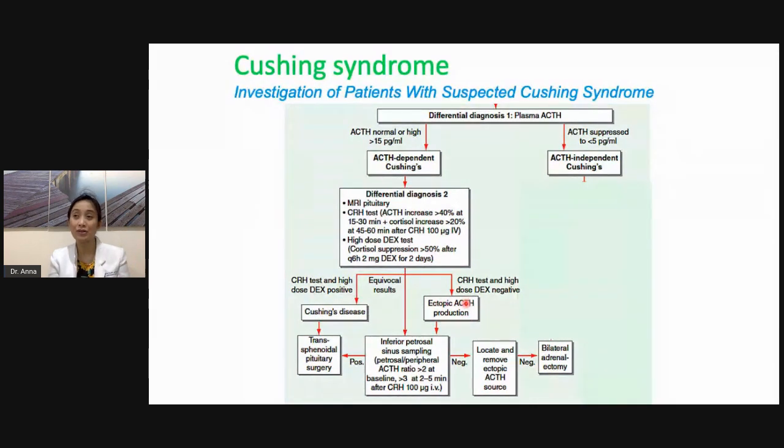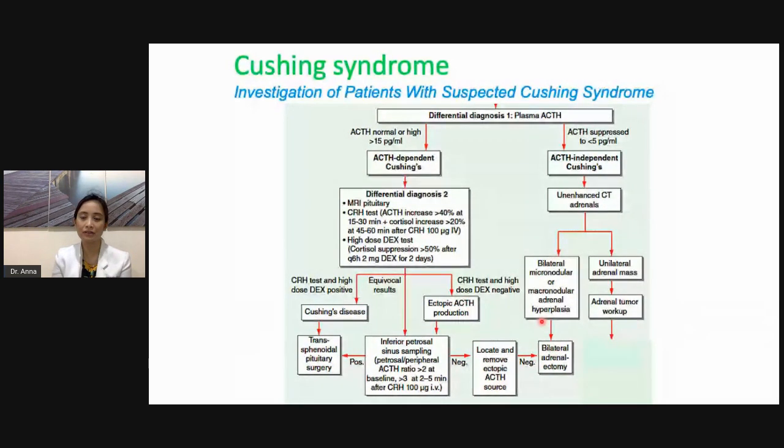So you now search for where the ectopic ACTH tumor is. Usually, since the most common is the lungs, you do imaging of the chest first with a high-resolution CT scan to look for bronchial carcinoid. If it's not there, then you look in the abdomen. You look for pancreatic carcinoid.